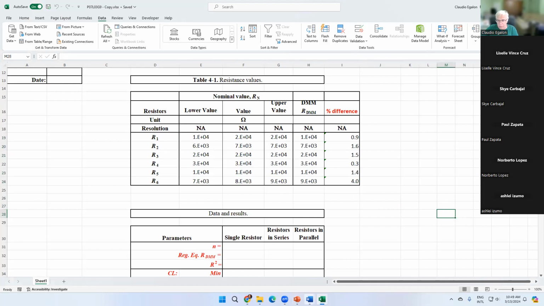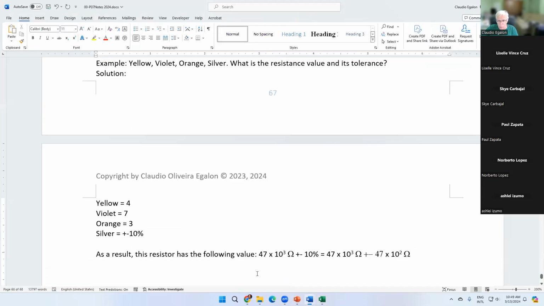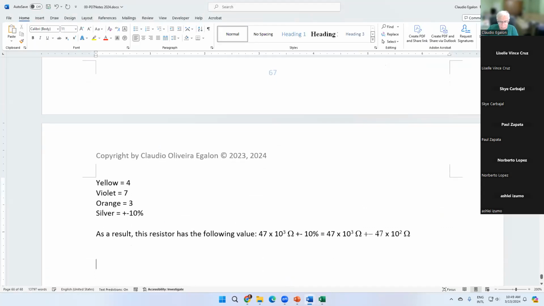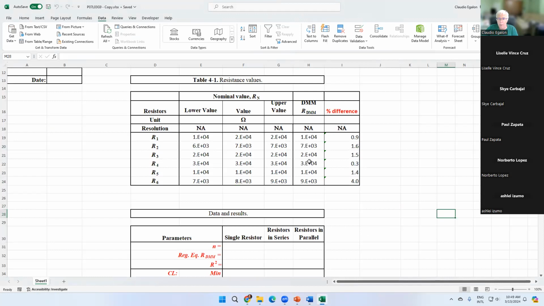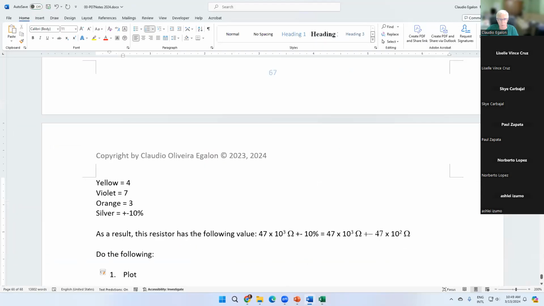So the first thing I want you to do is the following. One, plot nominal value versus DMM value of the first table.